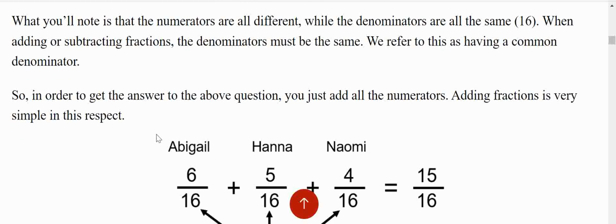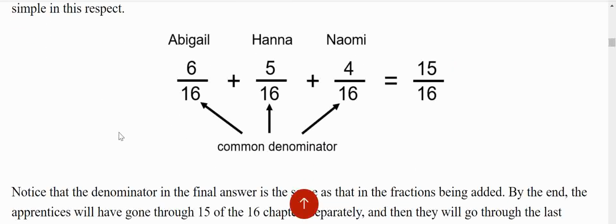So, in order to get the answer to the above question, you just add all the numerators. Adding fractions is very simple in this respect. So with common denominators, you'll notice 16 is on the bottom of the fraction as well as in the answer.